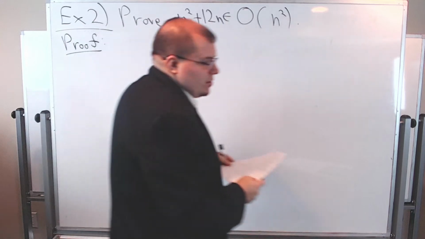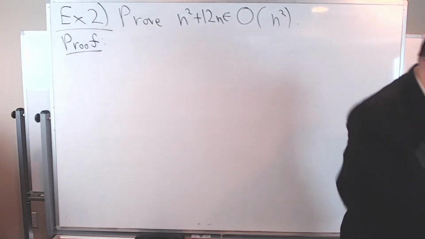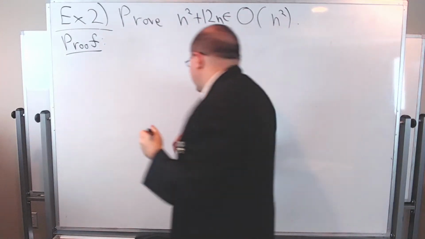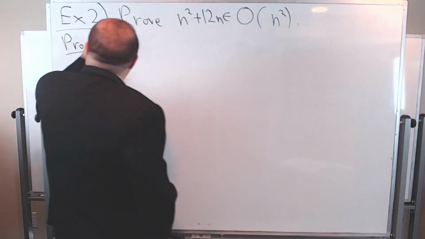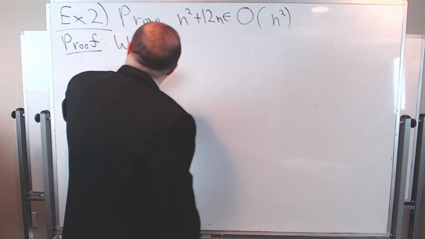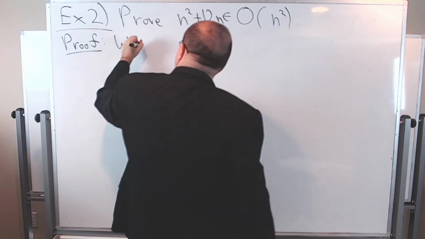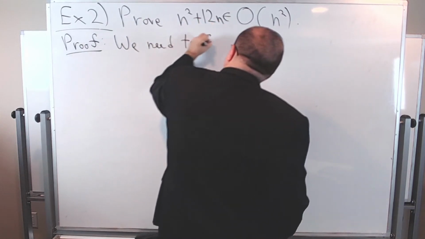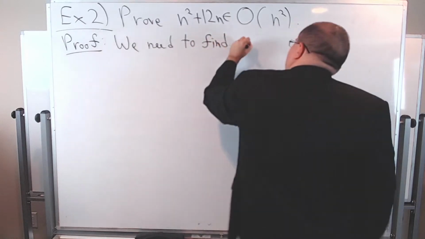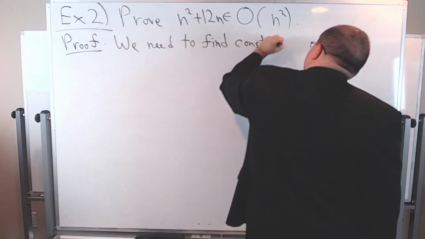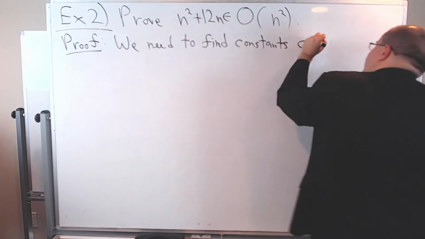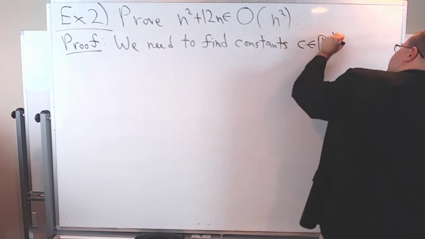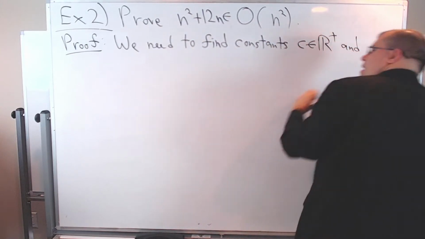What's the first thing I do? I usually write out the game plan, what I want to do. We need to find constants C, which is a positive real number, and n0.